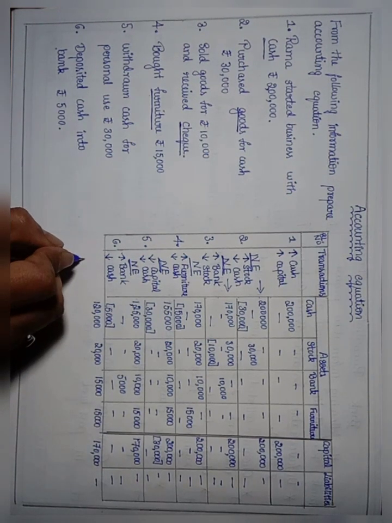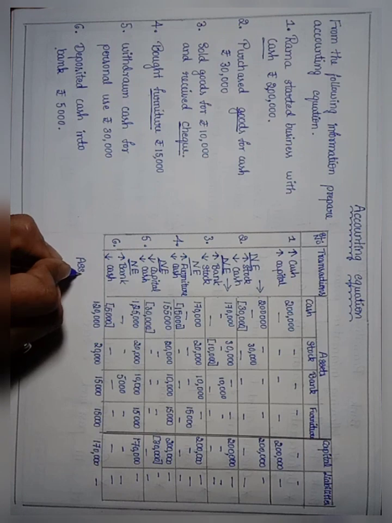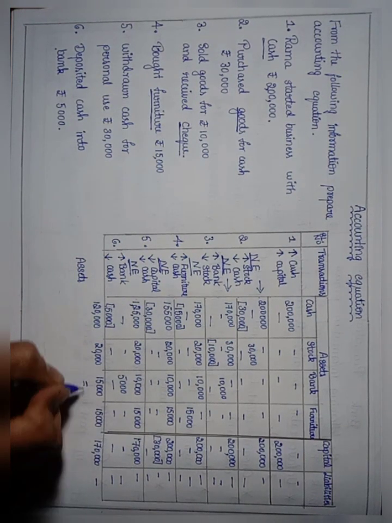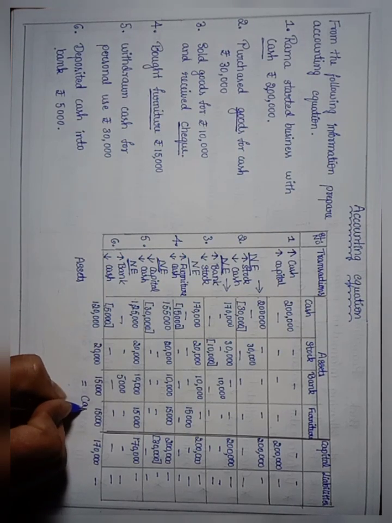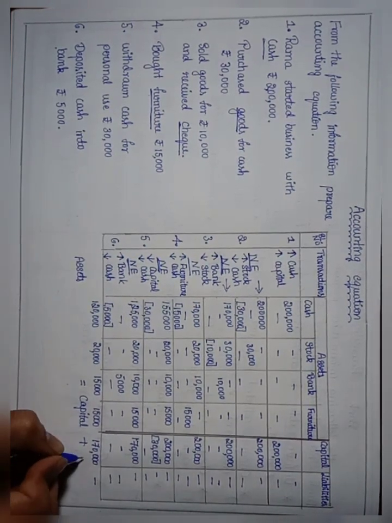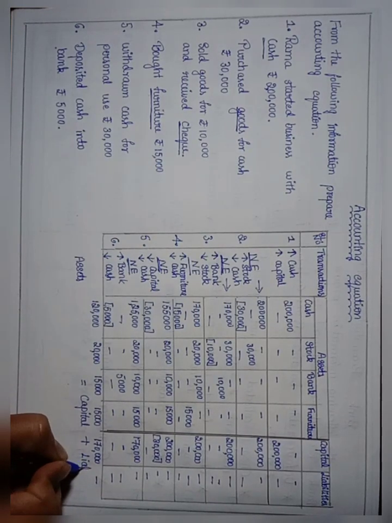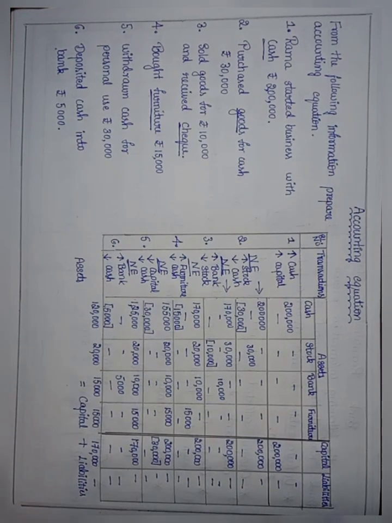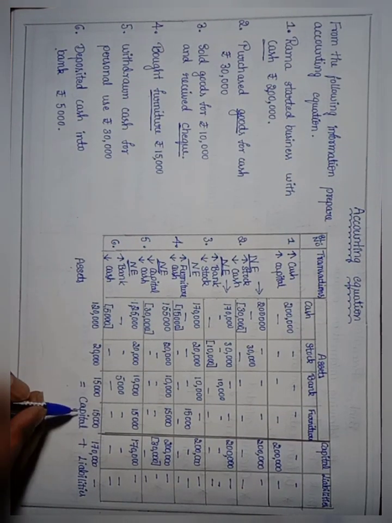Now formula is assets equals to capital plus liabilities. This is a formula for accounting equation, assets equals to capital plus liabilities.